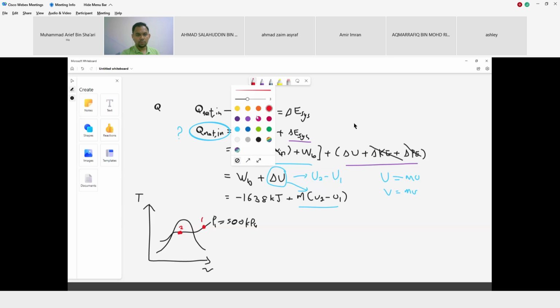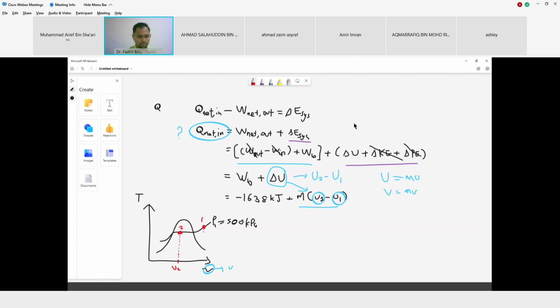So di chapter 2 kita dah belajar kan, we can change this yang ini kepada apa-apa saja property. Contoh sekarang U lah, sebab kita nak cari U. We need to find this U1 and U2. So yang ini turunkan dia ke bawah, and find this.